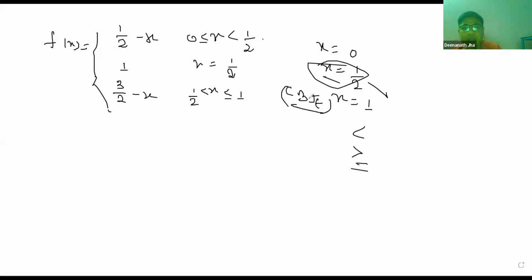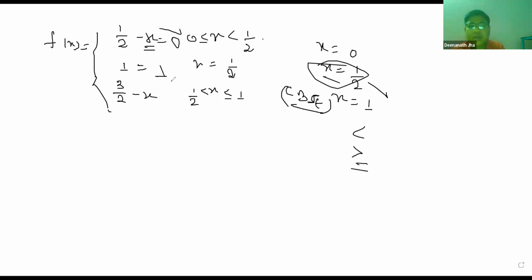CBSE exam. At x is equal to 1 by 2, it is continuous or not. I think from the first step, this is not continuous because when you put x is equal to 1 by 2 here, it will give 0 and here it is 1.